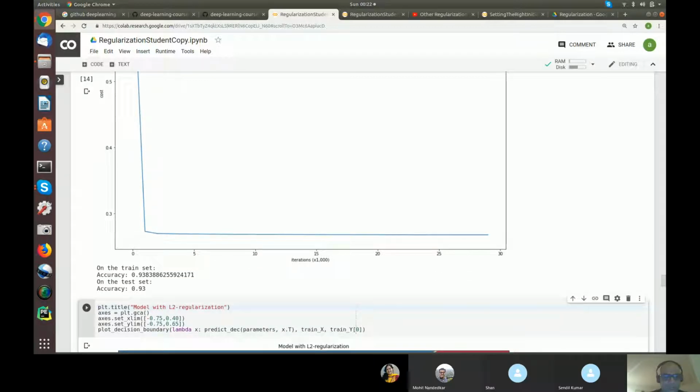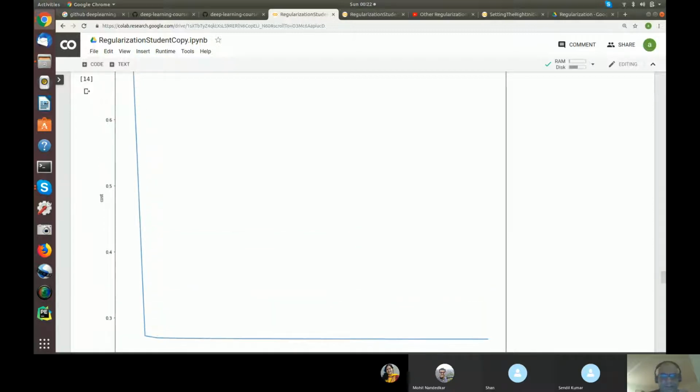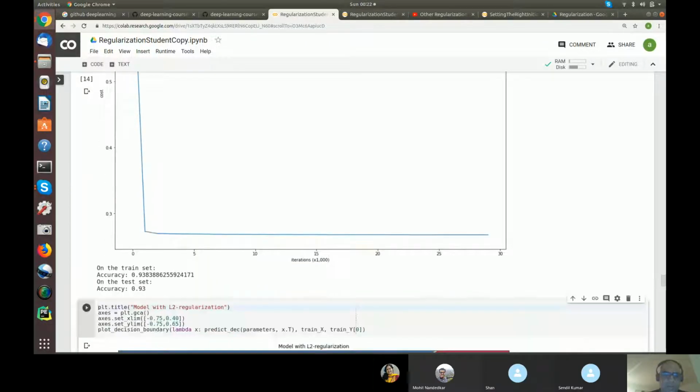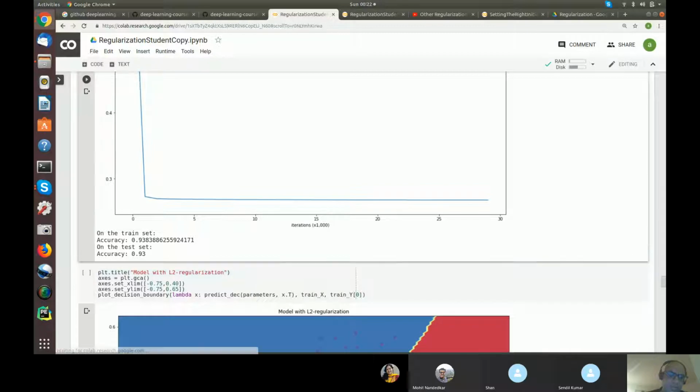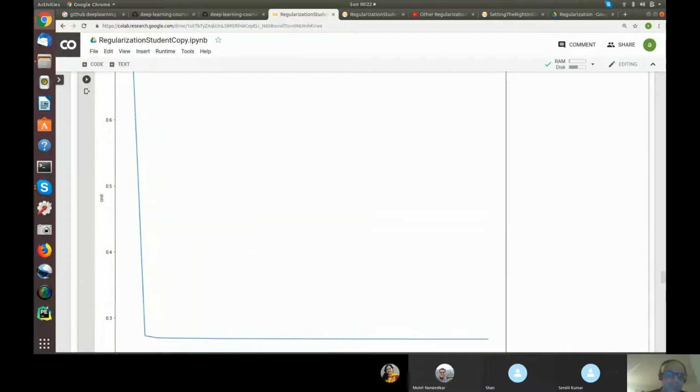Now the loss function is higher, but the formula of the loss function is different now. We're adding weights to the loss function. So it's a different loss function. In terms of accuracy, now the test is 0.93, train is 0.938.